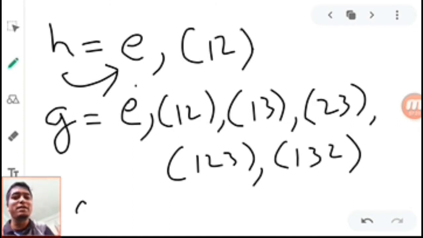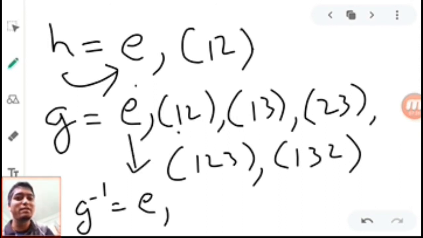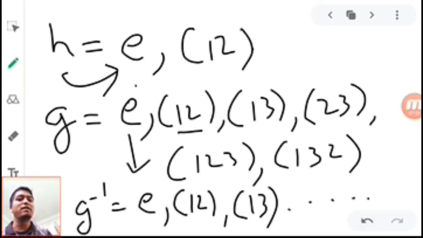Similarly you can find the possible values of g inverse. The inverse of E is E, the inverse of (1 2) is (2 1), but we can write it as (1 2) again, this one is (3 1) or (1 3), and so on. So we have different values for g, different values for g inverse.